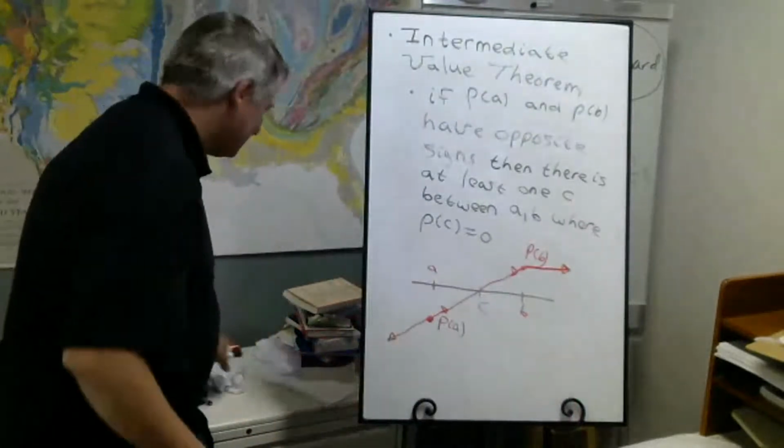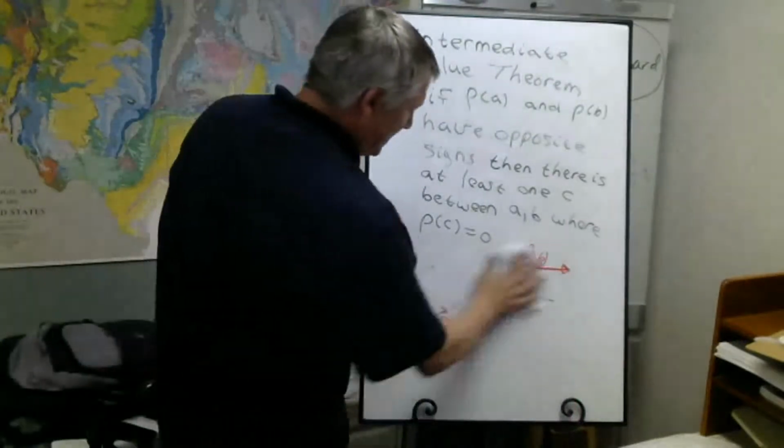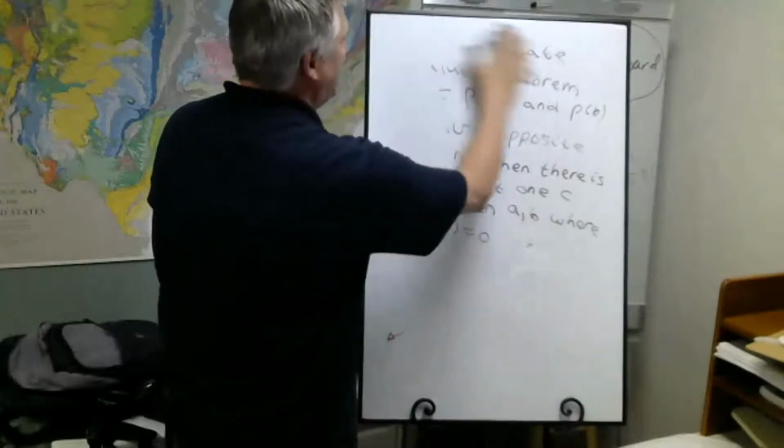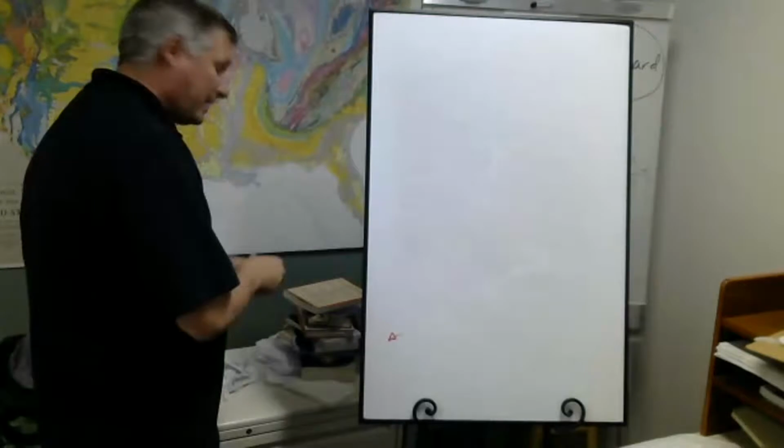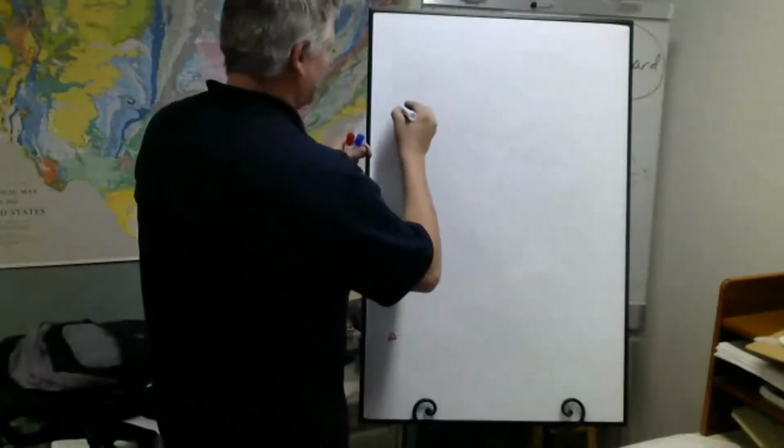So there's that. And it could be doing a lot of things. Like you could have, for example, multiple x-intercepts. You could have a situation like this.